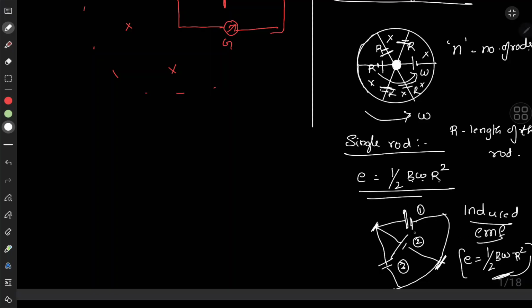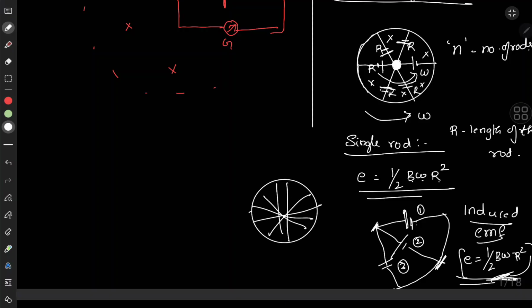In a parallel combination, if each one produces an equal amount of EMF, the net induced EMF is also equal to a single rod's EMF. So we write E is equal to half into B omega R square. Whatever number of rods the question gives, like this, like this, any number of rods, the result is the same.